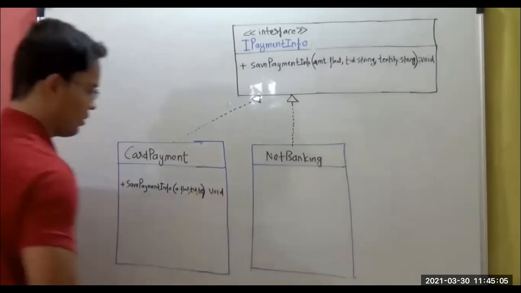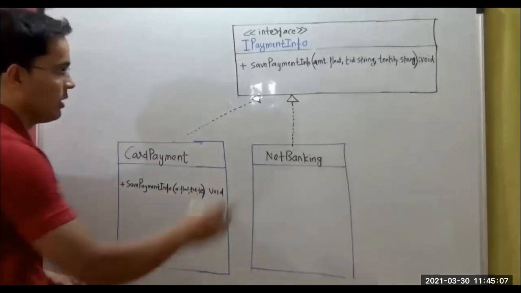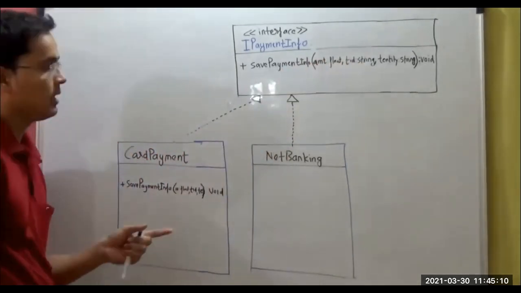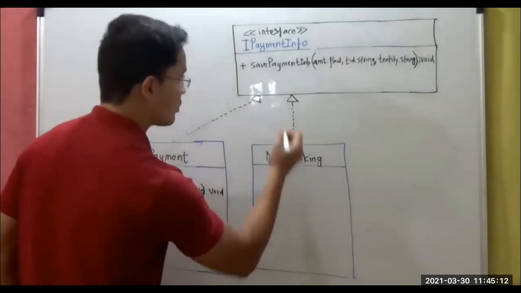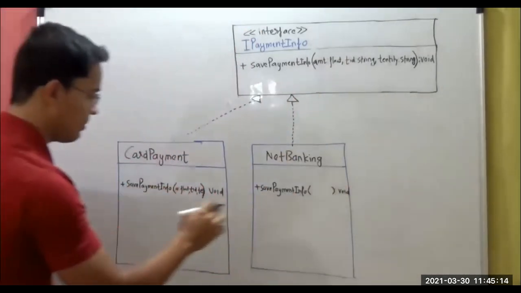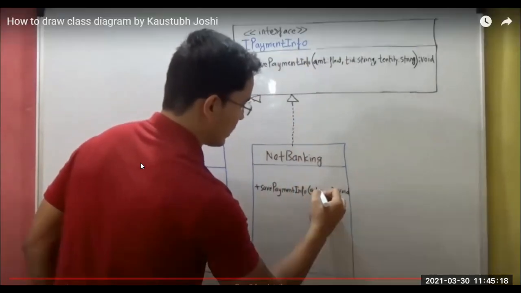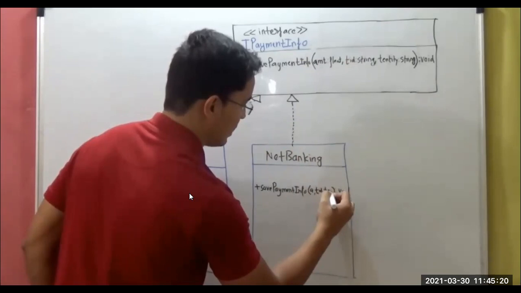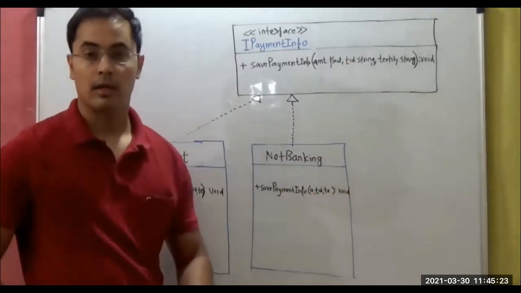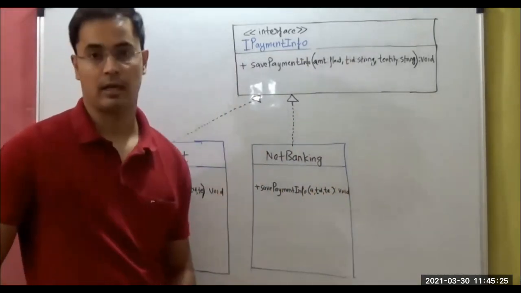I'll just mention it in short, but it will be exactly same signature as that of your interface. Here also we'll have to implement that same exact return type and same exact signature. Let's say amount, transaction ID, and transaction entity. So this is how you denote interfaces in class diagram.